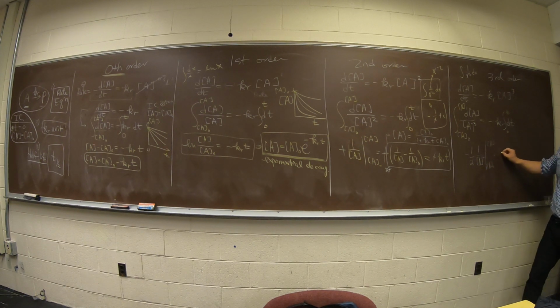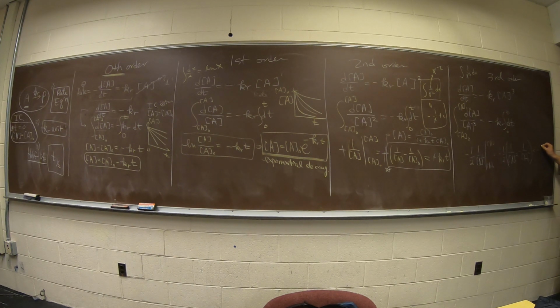So therefore, this is minus 1 over 2, 1 over A squared minus A naught squared. So this is just the difference in the 1 over square, and that's minus kRT. And this one luckily always cancels out. Therefore, that's an equation.